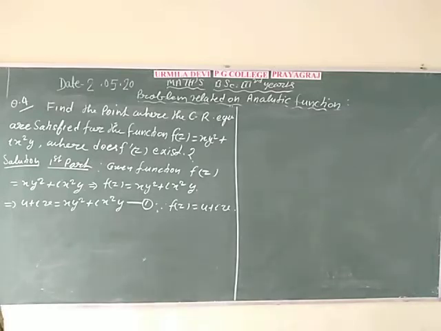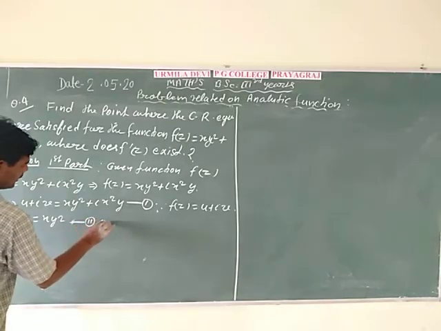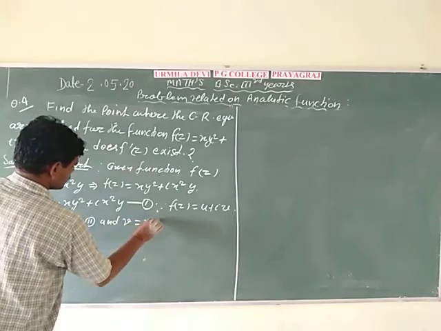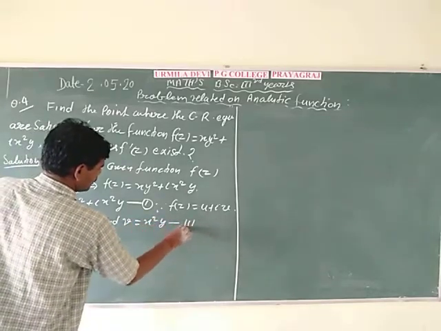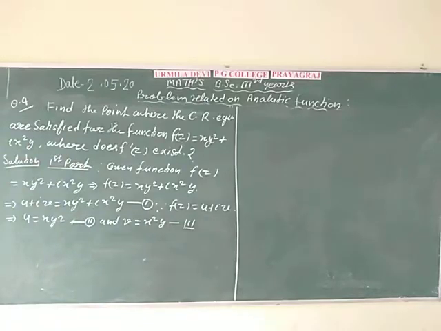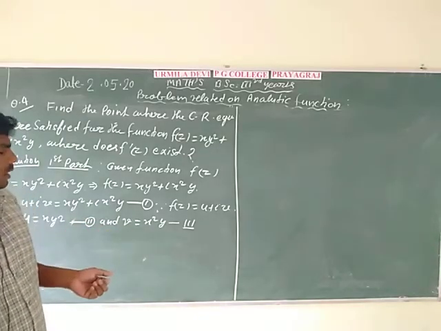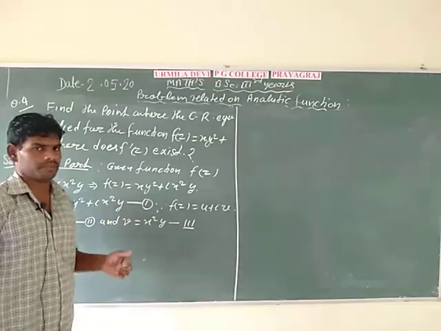Comparing real and imaginary parts on both sides, the real part u = xy² is equation 2, and the imaginary part v = x²y is equation 3.